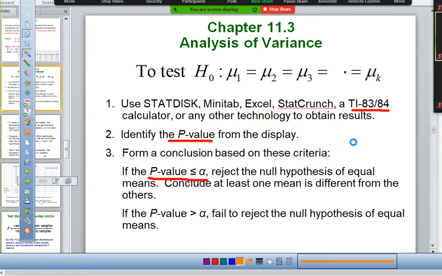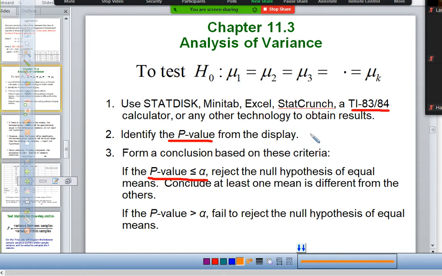Once we get the p-value, remember what a p-value is: the probability of getting a sample like yours. What's our guideline for unusual, generally speaking? 5% or less. So if the probability of our sample is 5% or less, we say it's unusual, and we reject the null hypothesis. Here, we compare our p-value to alpha, because it's usually 5%, though it could be something else.